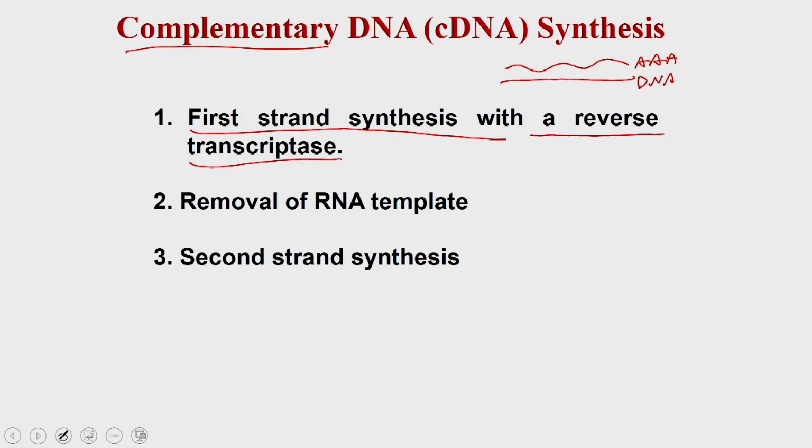Then you will remove the RNA template, which means you are going to degrade the RNA, and then you will induce the second strand synthesis, and that is how you are going to get the double stranded DNA for subsequent cloning reactions.